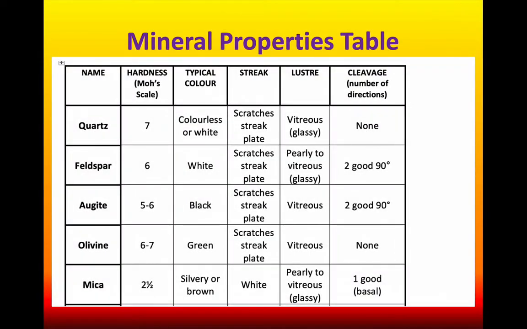Okay then, let's review what we've just seen. Remember, we're trying to find out the key properties that will help us identify these minerals. So for quartz, we have its hardness, much harder than a knife. Also the hexagonal crystals that can, but don't always, grow.